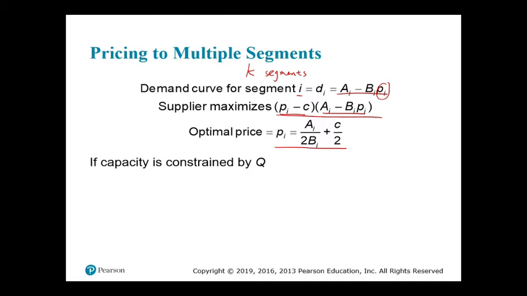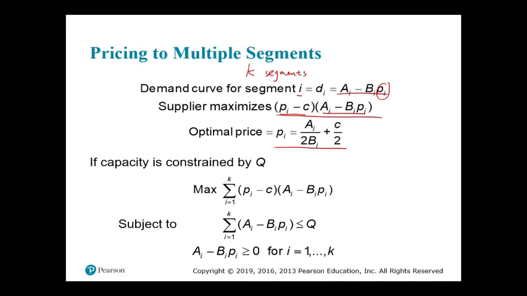So the pricing of one segment determines the demand from that segment, and therefore determines how much of my capacity is going to be consumed by that segment. So it also determines how much capacity is left for other segments, right? So once we add the capacity constraints, we should anticipate that the prices will depend on one another.